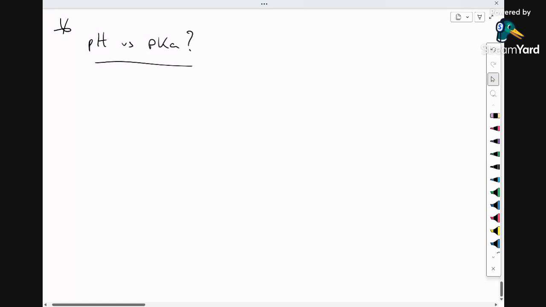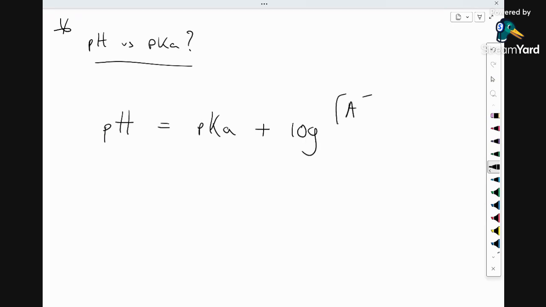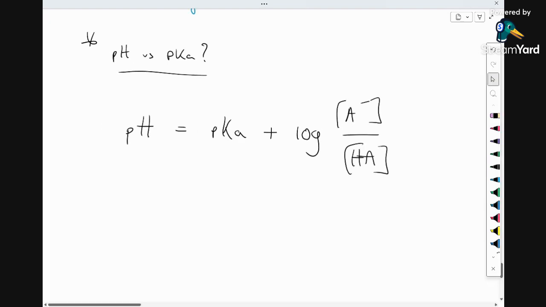And the answer, I'm not going to derive the equation for you just for time purposes, but what we end up with is an equation called the Henderson-Hasselbalch equation, which is that the pH equals the pKa plus log to the base 10 of your dissociated form of your acid over your associated, protonated form.